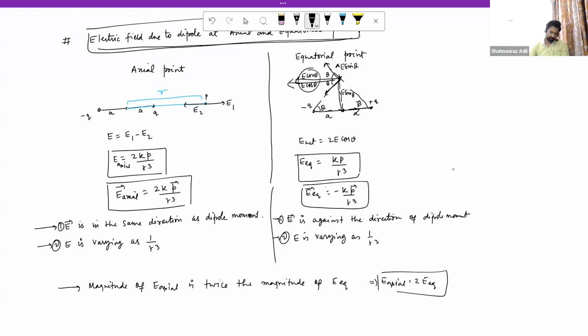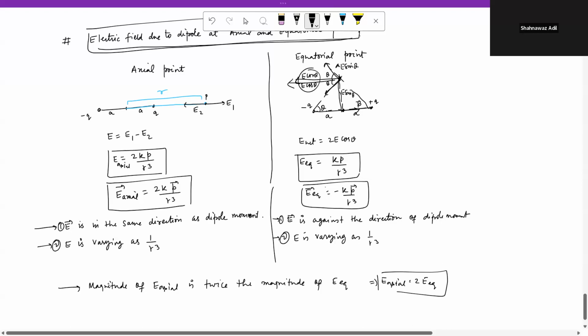Okay. Yeah, just note it down, and if you have noted it down, just tell me. Done, sir. Yes, sir.